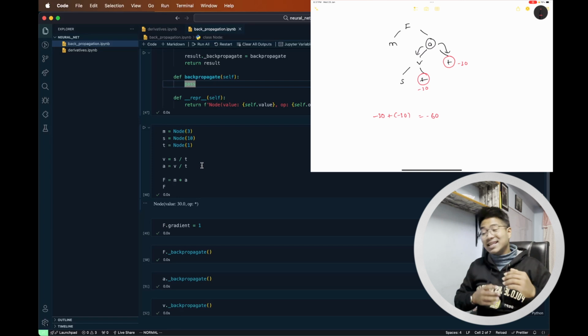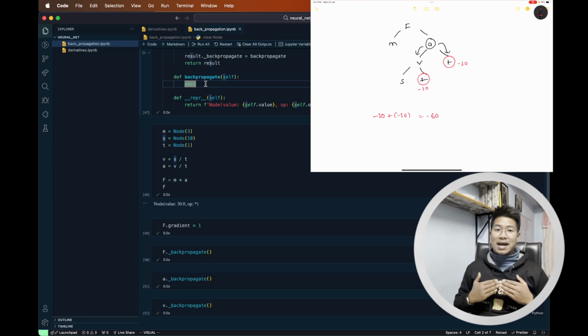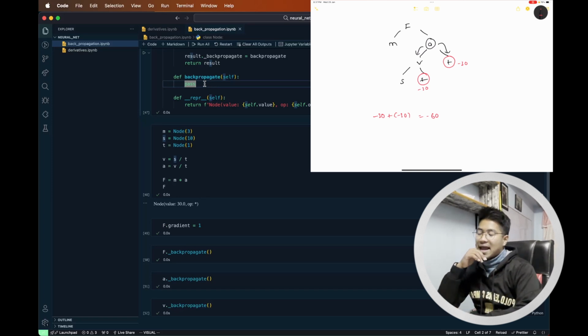So let's try to do that. How should we do it? The first thing we want to do is, whichever node I'm at, which is my f node, I want to set the gradient for that node. So self.gradient, I want to store it as 1.